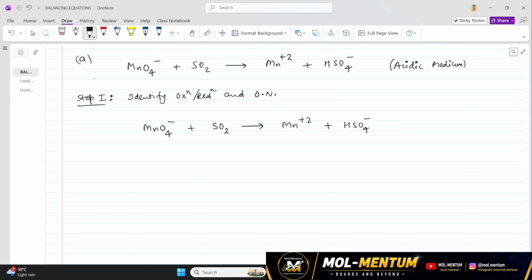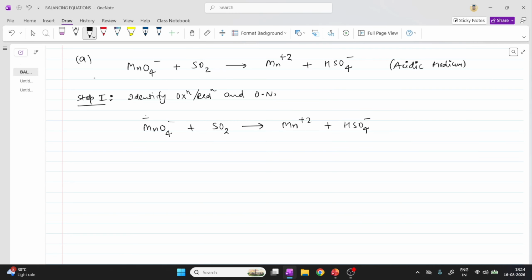If I calculate, 4 2s are 8 minus 1, so manganese is plus 7, and for sulfur 2 2s are 4, so sulfur is plus 4. In this case it is clearly written manganese is plus 2, and here sulfur is 4 2s are 8 and plus 1, so this sulfur is present in plus 6.